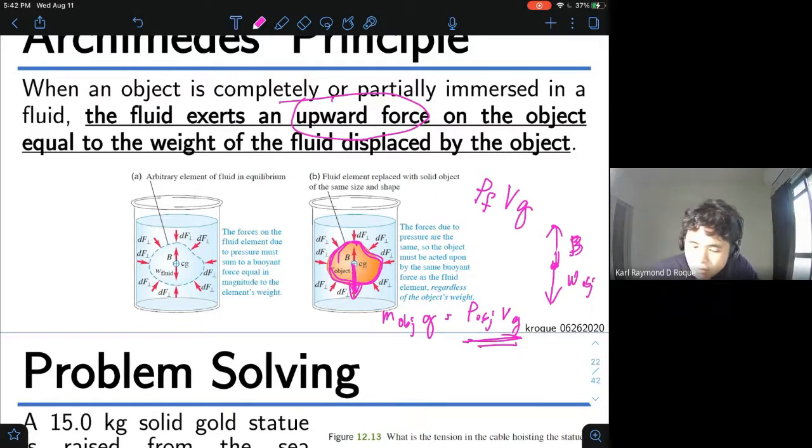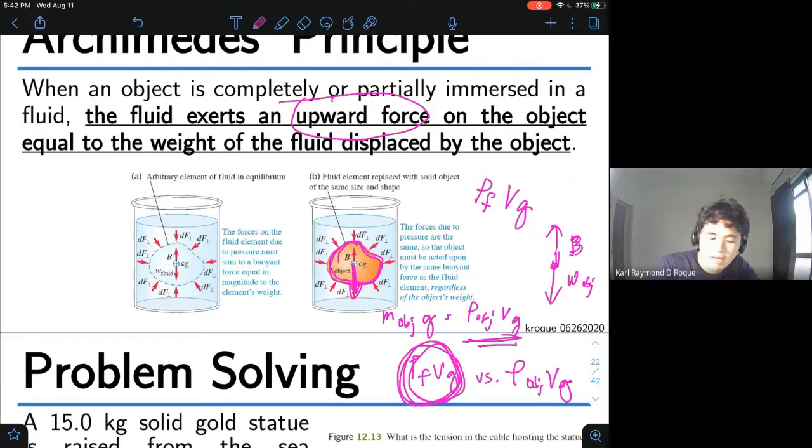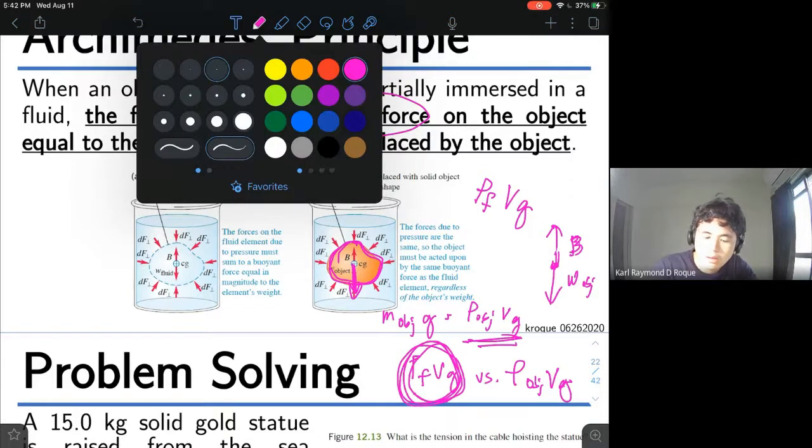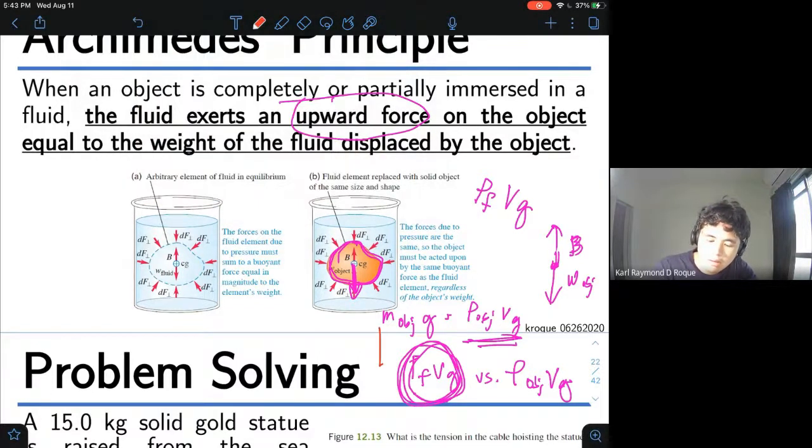Okay, isipin nyo, rho_f V g versus rho_object V g. Kapag mas dense yung liquid, mas malaki yung magnitude nito, di ba? So pataas siya.